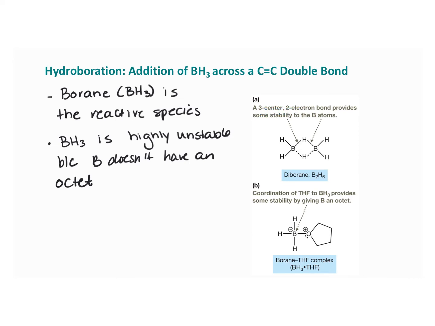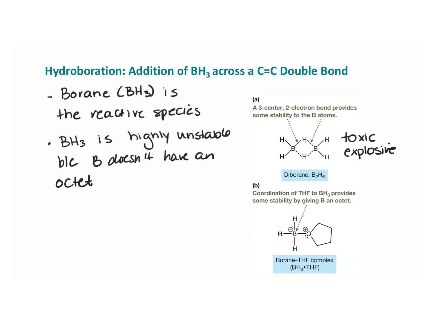So it's written right here for you, 3 center, 2 electron bond, and that just works to stabilize the boron atoms. Now, although those bonds provide some stability, B2H6 is very reactive. It's also toxic and explosive. Okay, so it's really hard to work with.